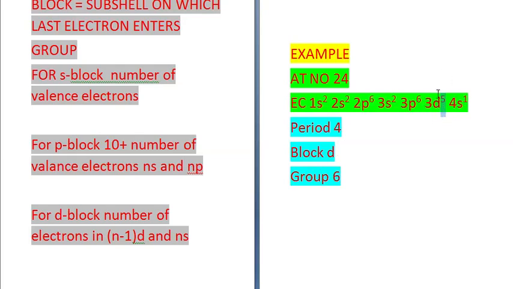The last electron is going in d, so the block is d. And for group, for d block, the group is the number of electrons in (n-1)d and ns. In (n-1)d the number of electrons is 5, and in ns 1. So 5 plus 1, 6. So the group will be 6.